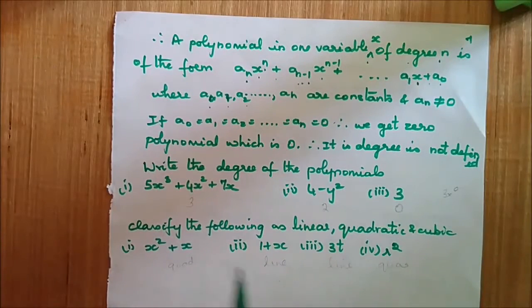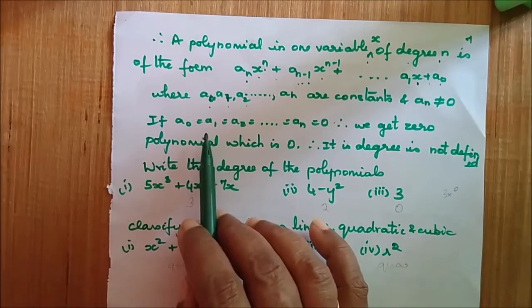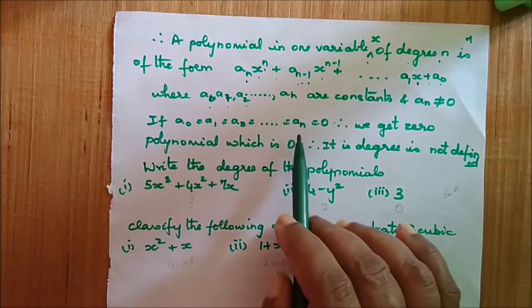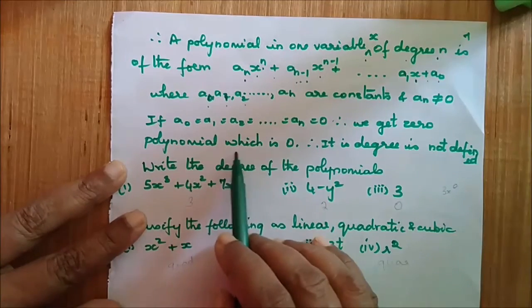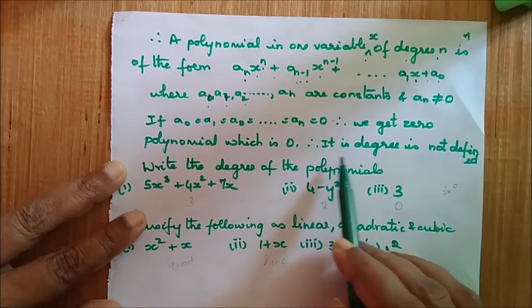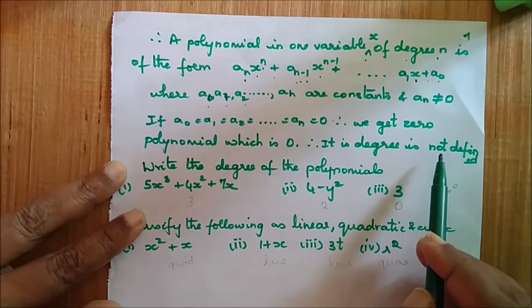Now if we put a0 equals a1 equals a2 equals an equals 0, we get the 0 polynomial, which is 0. The degree of this is not defined.